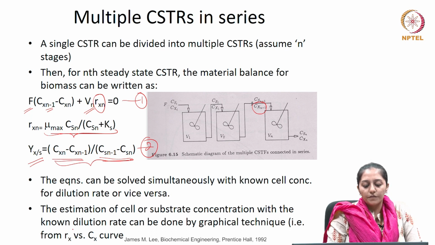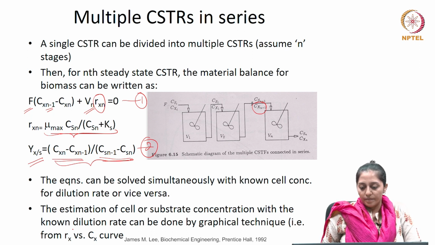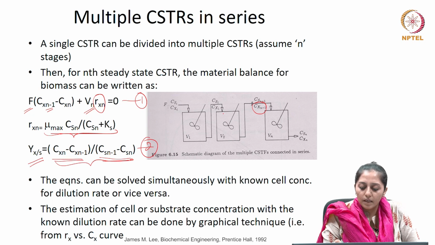The estimation of cell or substrate concentration with the known dilution rate can also be done by a graphical technique in this case. So if you can see, the subscripts used for the nth reactor have been shown here.